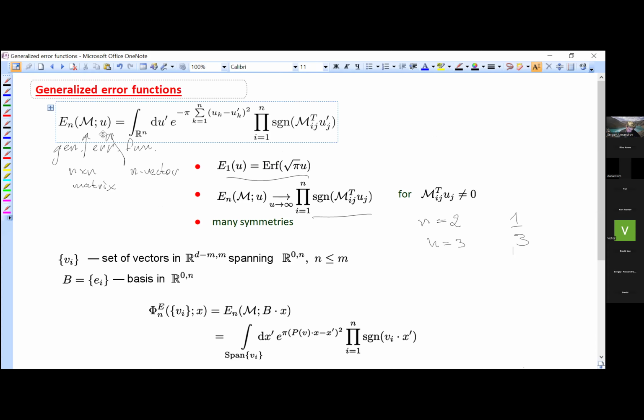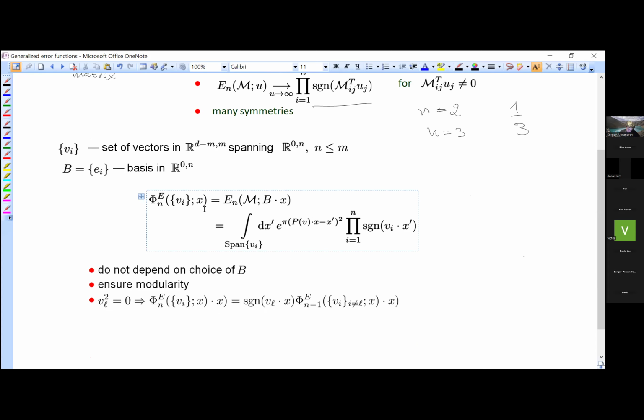Okay, and then once you have these functions, you define the so-called boosted generalized error functions just by properly specifying the matrix and the argument of the original error function. You need to choose here a certain basis, but in the end it turns out that the function doesn't depend on the basis. But you see, essentially it's just again a convolution of the product of signs with the Gaussian kernel.